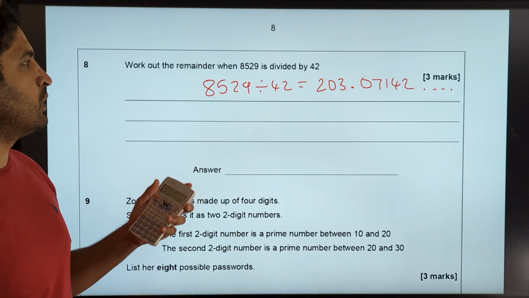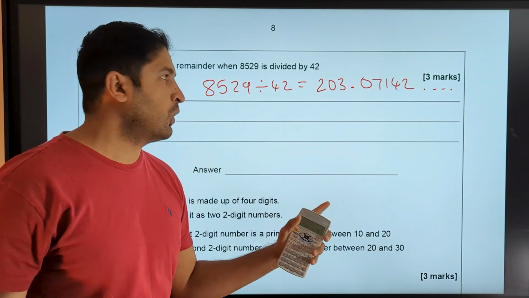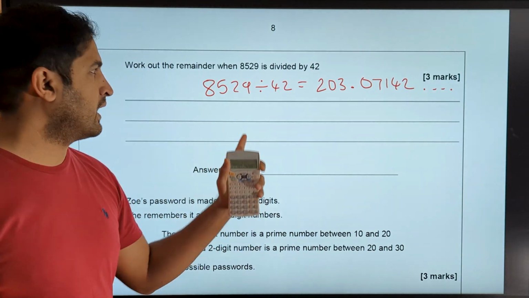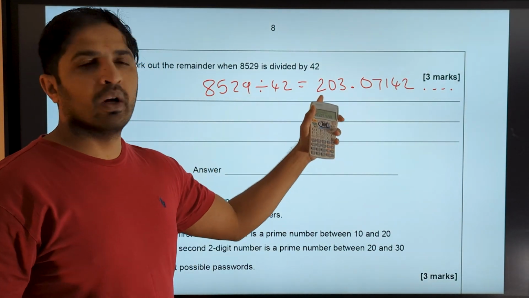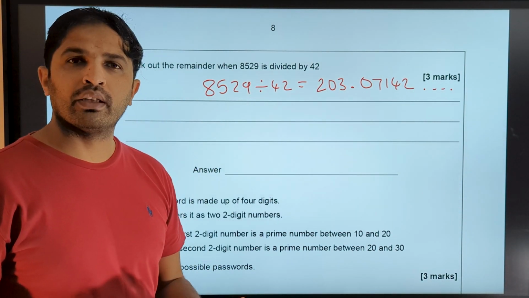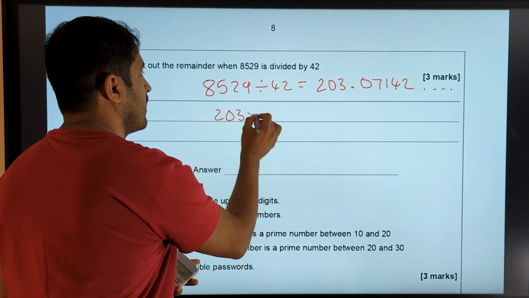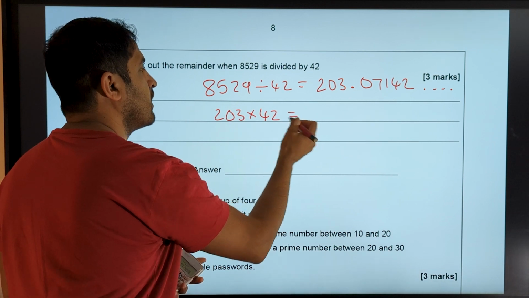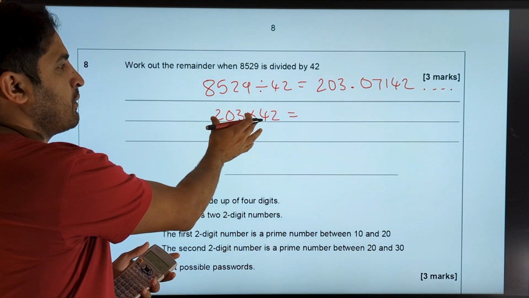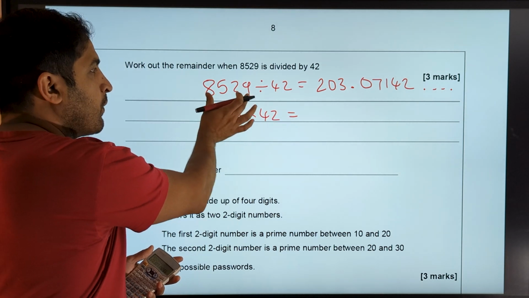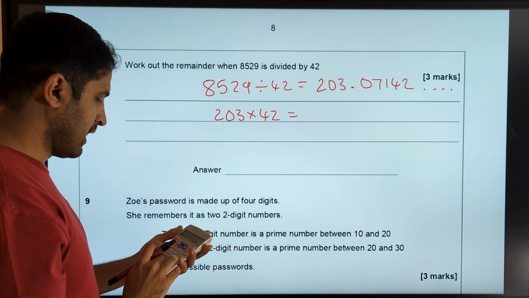Then what we need to do: now you don't get a whole number, but we know 42 will go into 8,529 exactly 203 times, and then you will have something left over. Another thing you can do is 203 times 42 to work out how far we get up to.